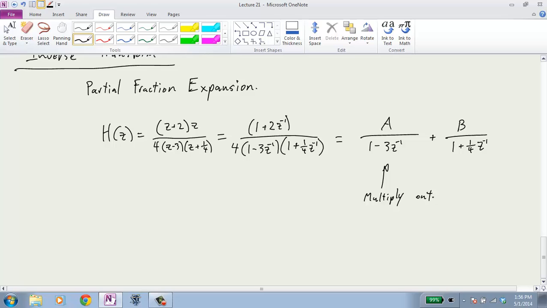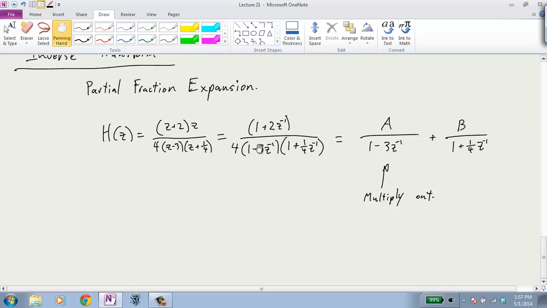The trick that's a little faster is referred to as the cover-up method. I'll show you the trick, and then I'll tell you all the caveats of when it might not work, and why it works. I can find A by doing the following. You see this denominator term in A?